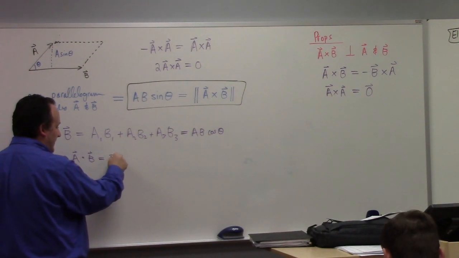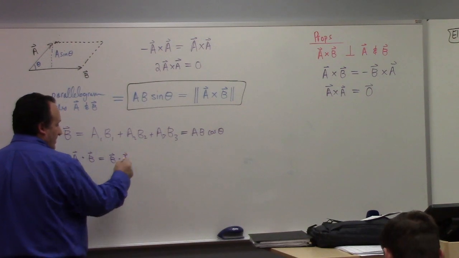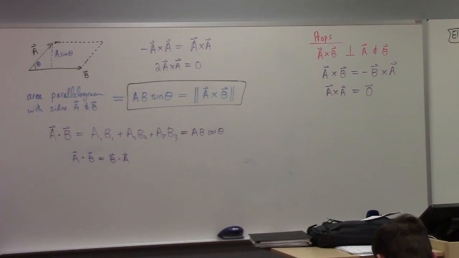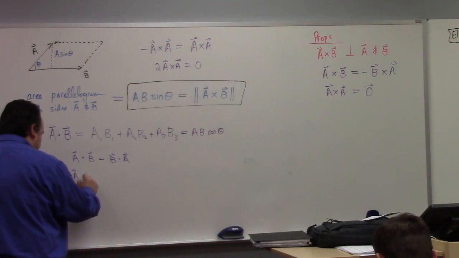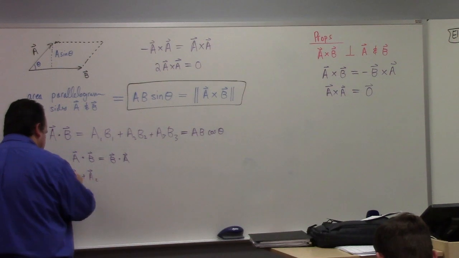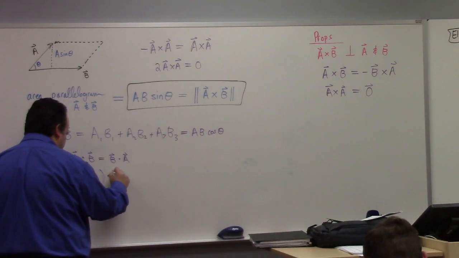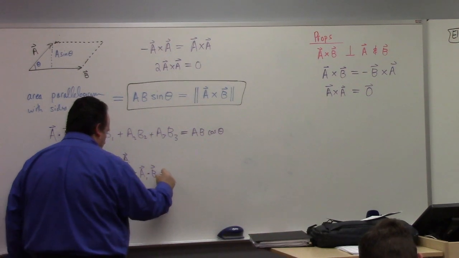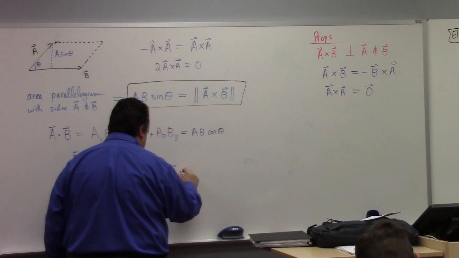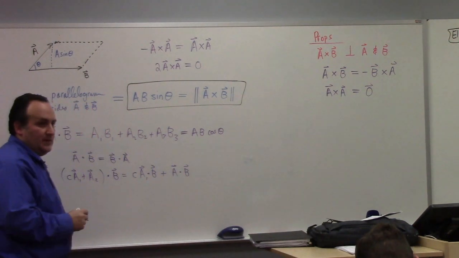A dot B is equal to B dot A, right? And we also have other properties. Like if you have C A1 plus A2 vectors dot B, what happens? You get C A1 dot B plus A2 dot B, right? The dot product's got this kind of linearity.